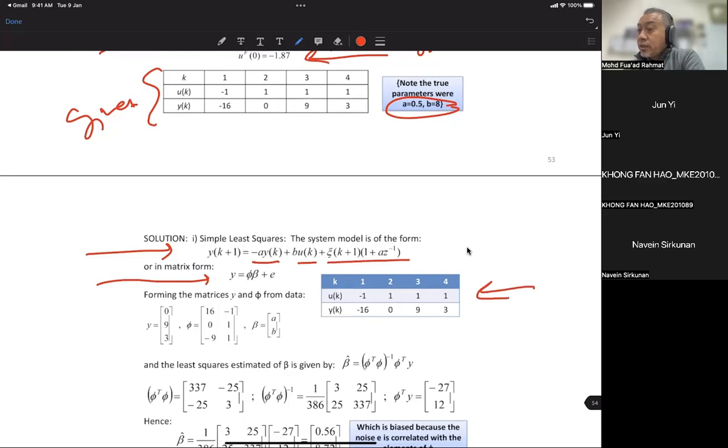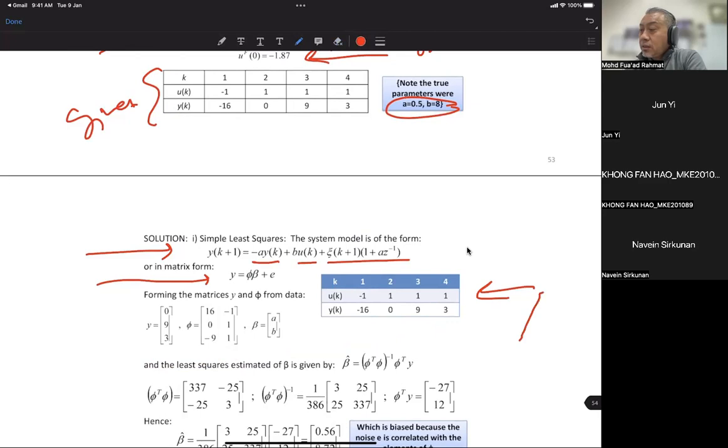So we construct the data y, which is y k plus 1. If k is equal to 1, that is y2. So y2 is 0, 9, and 3, and we insert it as a column vector for y. Then we go for the psi.